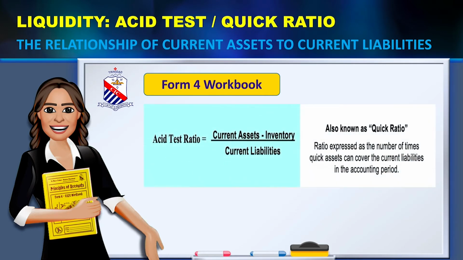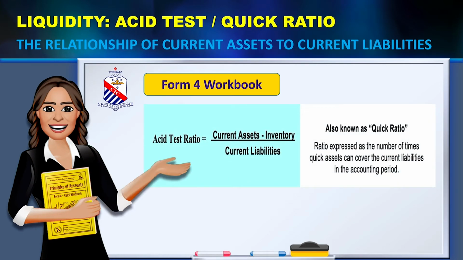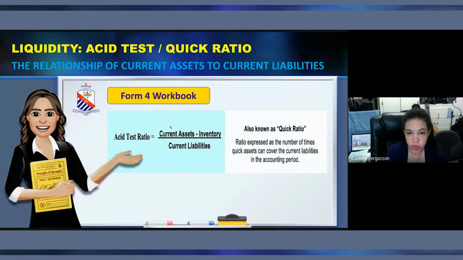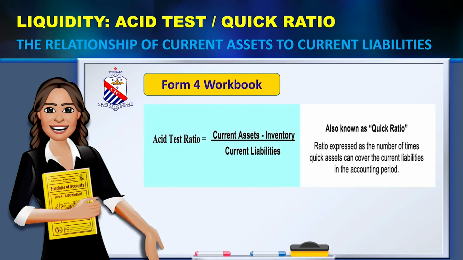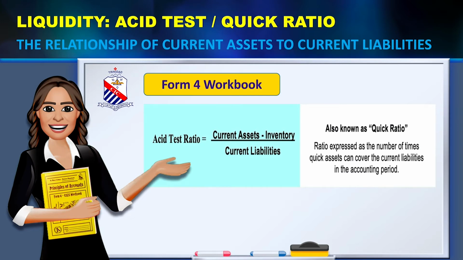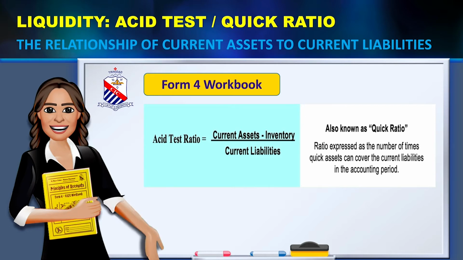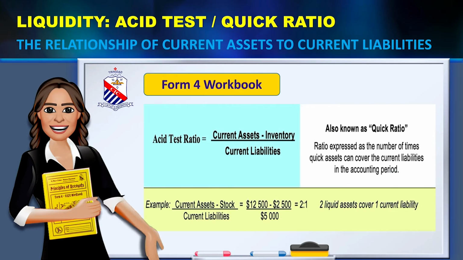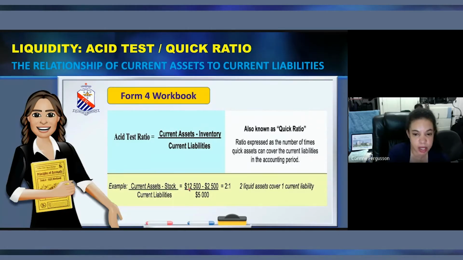Then you have the second ratio, which is your acid test ratio, where you just minus inventory from your current assets. So it's current assets less inventory over the same current liabilities. For example, your total current assets was 12,500.